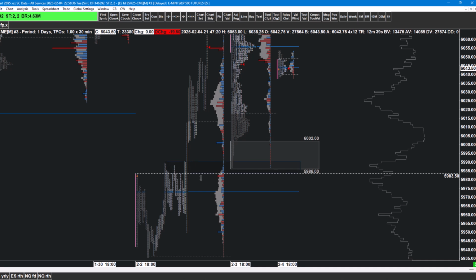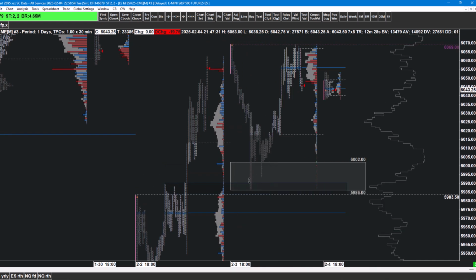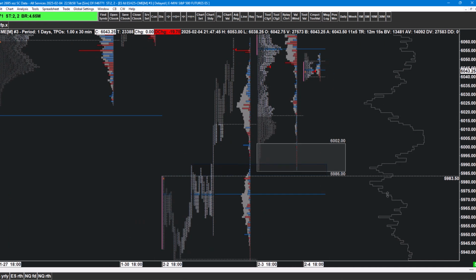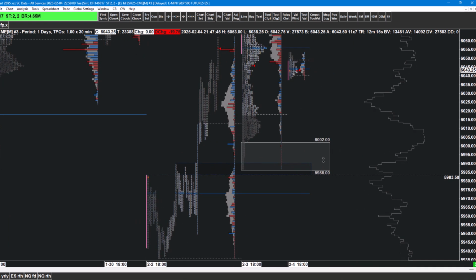So we know for a fact buyers stepped in here passively, aggressively. All right. Now we know this zone is where I want to be getting in, right? Because if much larger players are stepping in here, why not join them, right? They're the ones who caused this huge rally. And obviously news and whatnot.